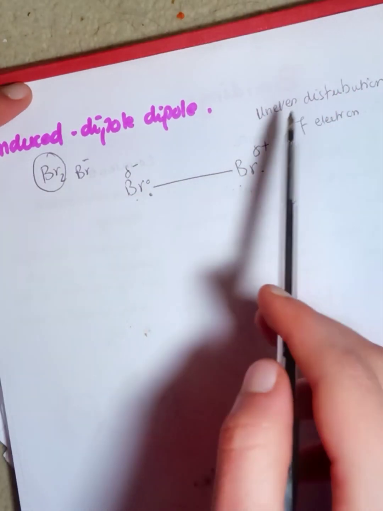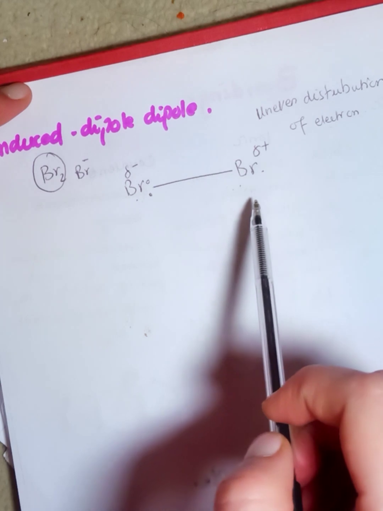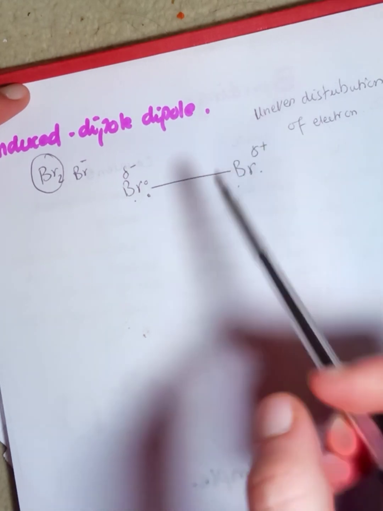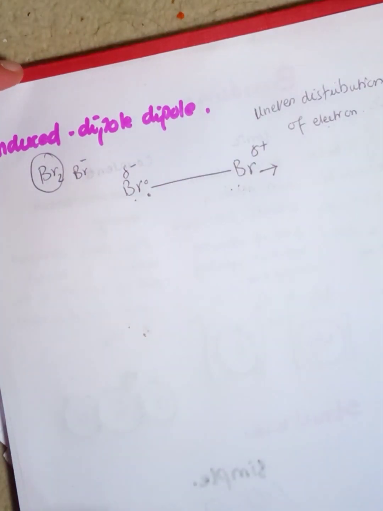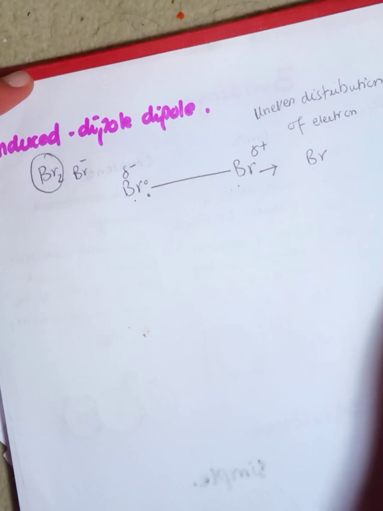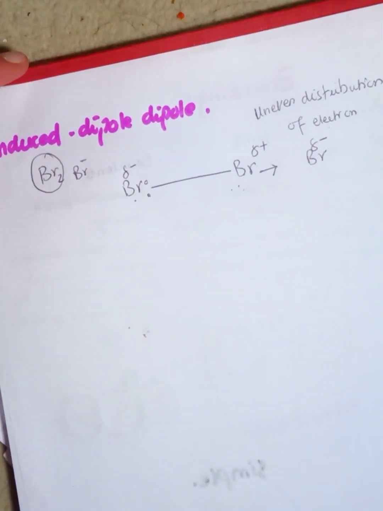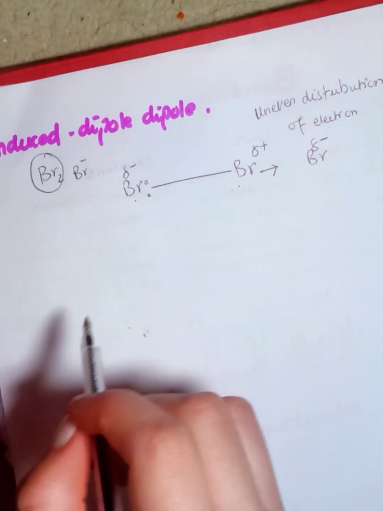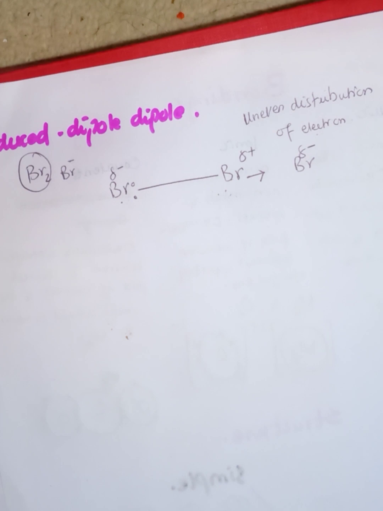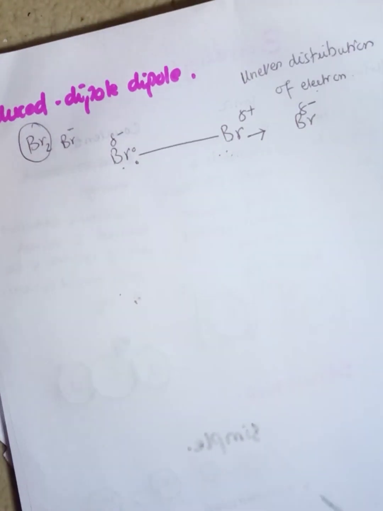The uneven distribution causes the second bromine atom to gain a slight positive charge, which means that this induces the neighbor molecule to gain the same slight charge. Because it is induced, it is not permanent. It is induced because of the uneven distribution of electrons. That is why we have an induced dipole-dipole intermolecular force, which can be easily broken. It is not that strong.